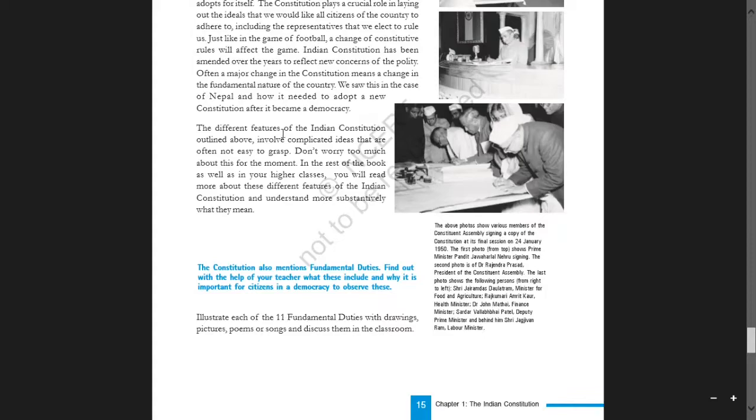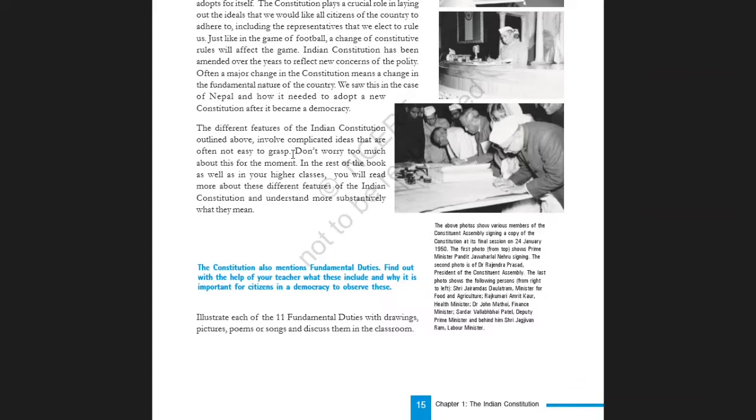The different features of the Indian Constitution outlined above involve complicated ideas that are often not easy to grasp. Complicated means consisting of many interconnecting parts. Grasp means seize or hold firmly.